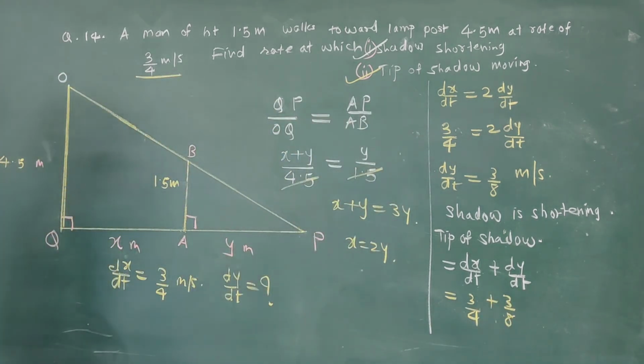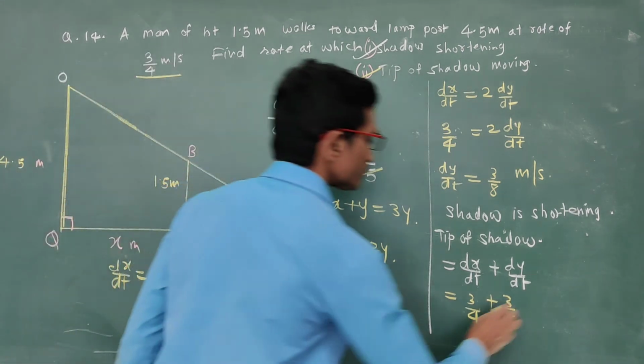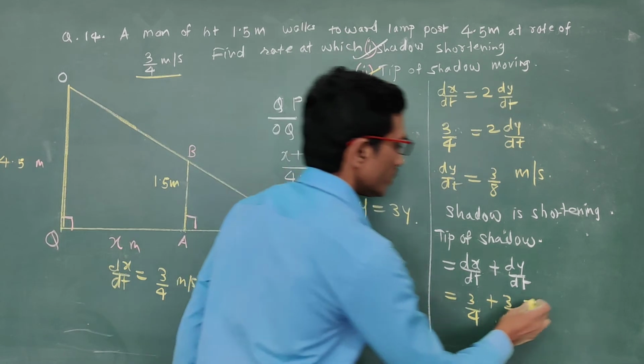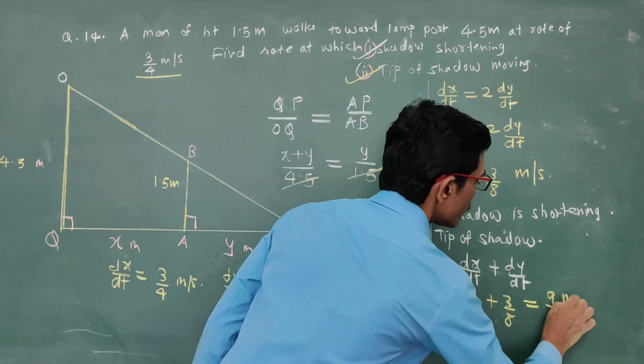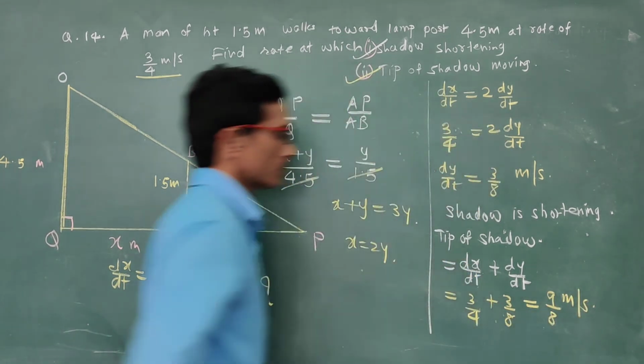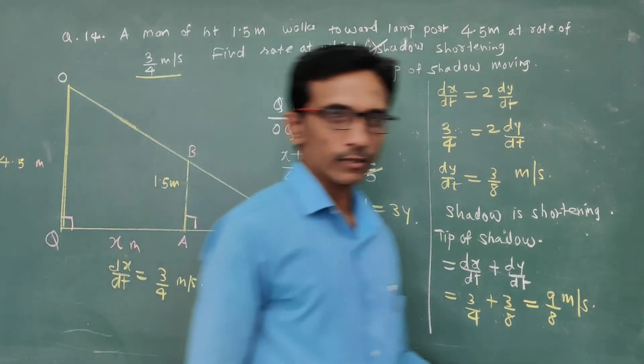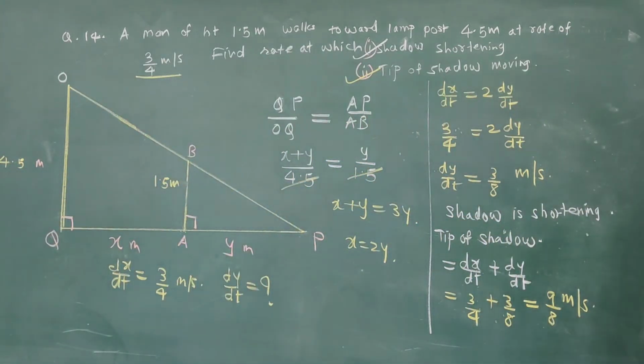The LCM is 8, so it will be 9 by 8 meter per second. This will be the answer, that the tip of the shadow is moving at the rate of 9 by 8 meter per second.